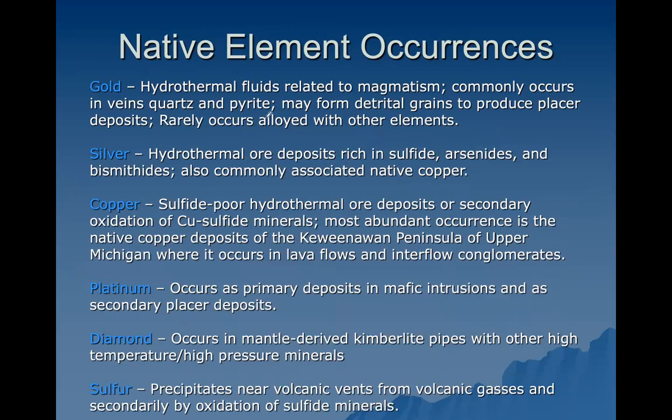Hydrothermal fluids act beneath the ocean floor, and they can have some association with magmatism. So they will dump some of these mineral deposits, and that will be available for people to use in the future.